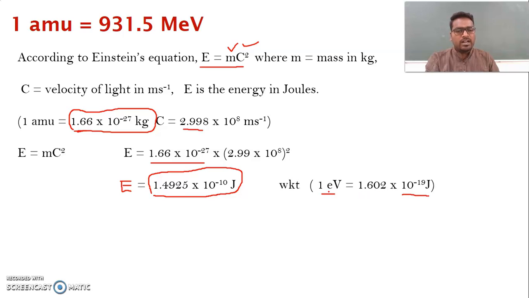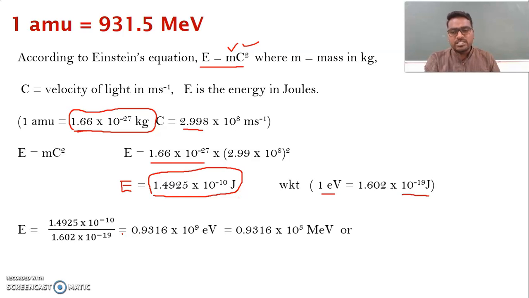So we know that 1 electron volt is equal to this much. Then what about 1.492 into 10 to the power of minus 10 joules? It can be solved like this: 1.492 into 10 to the power of minus 10 divided by 1.602 into 10 to the power of minus 19.